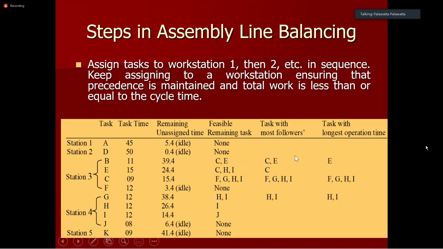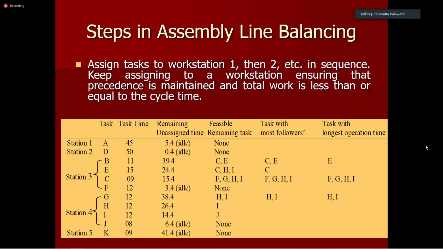The feasible remaining task is none. Then in the second station we allocate D, its time is 50, and 50.4 minus 50 leaves 4.4 seconds, and the feasible tasks are none. So we close station 2 and start station 3.